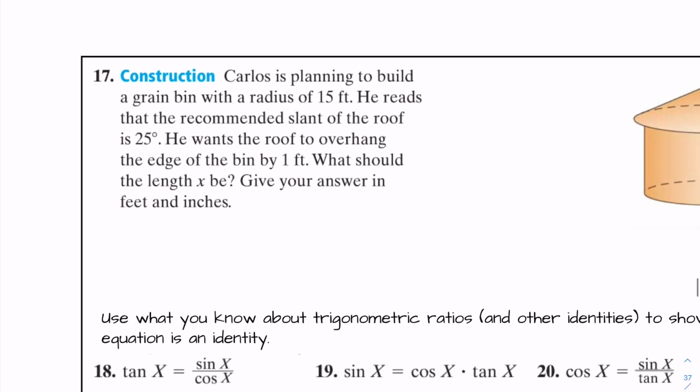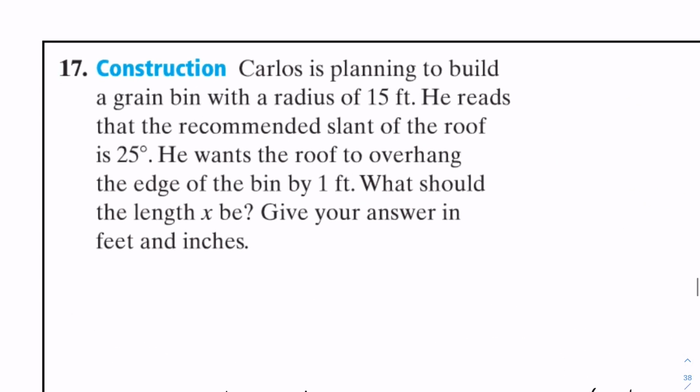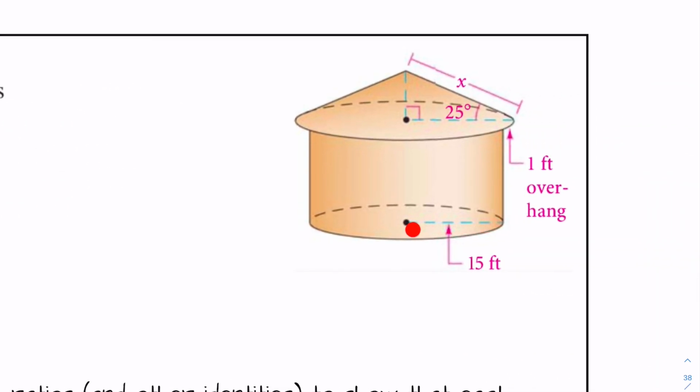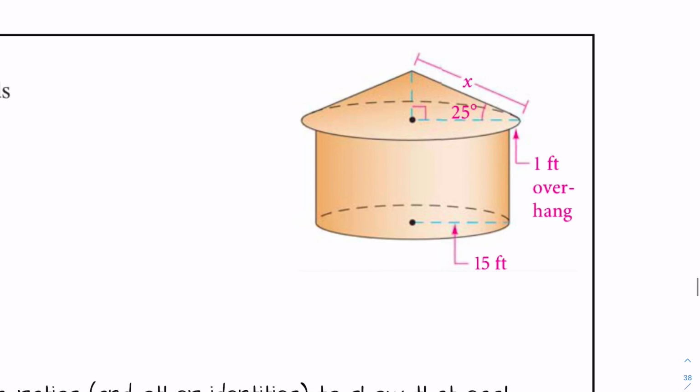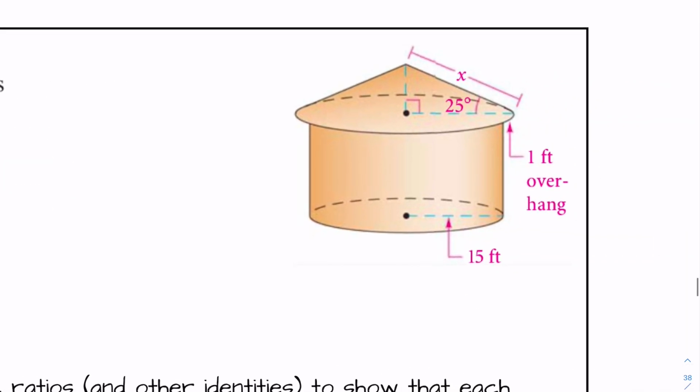Now, here's a real world example. Carlos is planning to build a grain bin with a radius of 15 feet. Take a look. Here's a grain bin with 15 feet. He reads that the recommended slant of the roof is 25 degrees. Because of snow and weather, if too much snow builds up and it doesn't slide off, it's going to become too heavy.